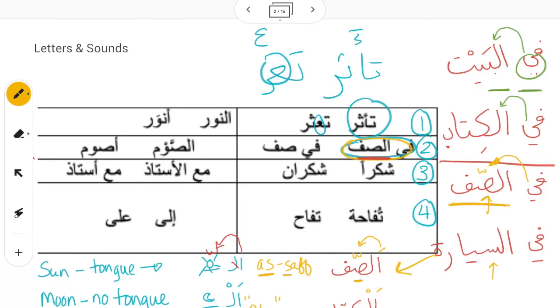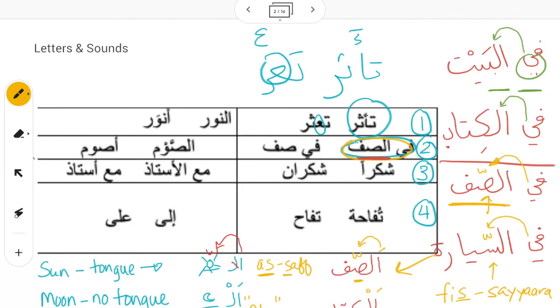It uses the middle portion of your tongue against the molars. Therefore, it's a sun letter. So we pronounce it with a shadda on the sin. As-sayyara is how it's pronounced by itself. So when you have a word before it, we're going to connect the word before it, which is fi, to that sin. Fis-sayyara.